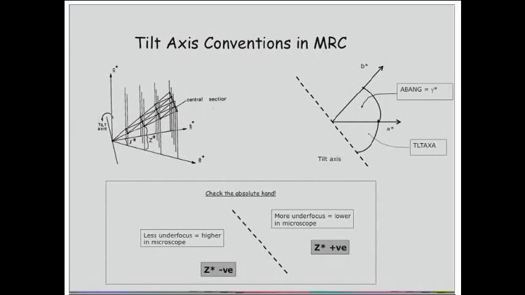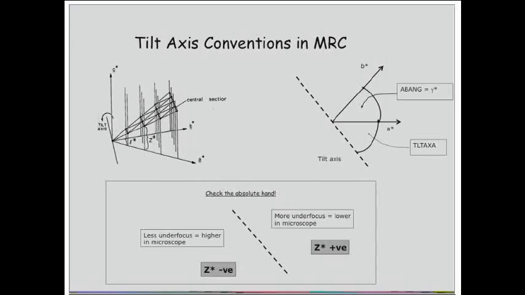This is an area where you can get yourself into trouble if you're not careful. What's important is to know whether your Z star value is up or down. Do you have a negative or a positive Z star? So that really boils down to a question of which way you have tilted the crystal.